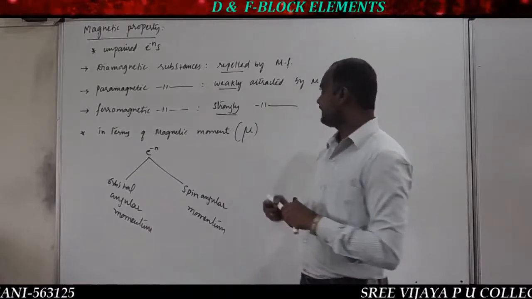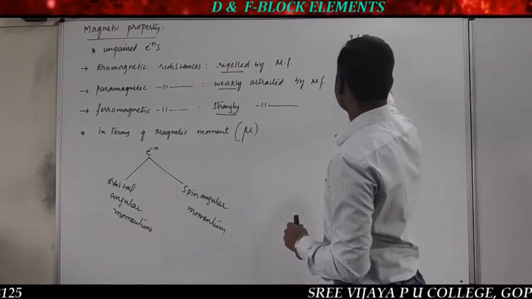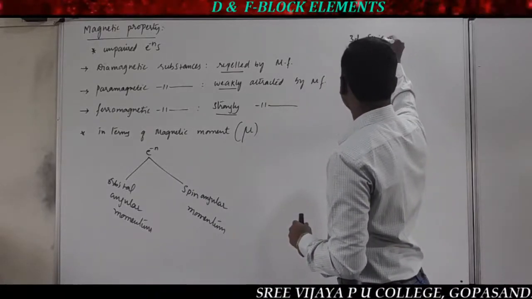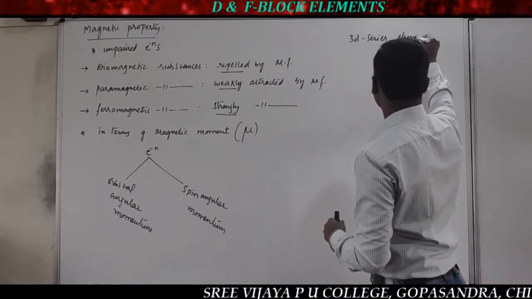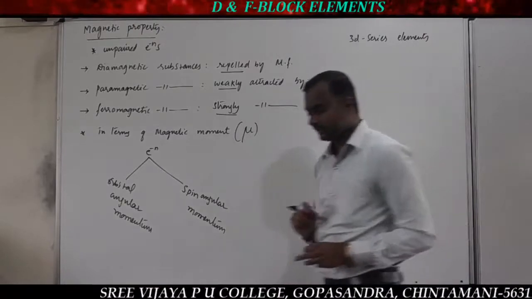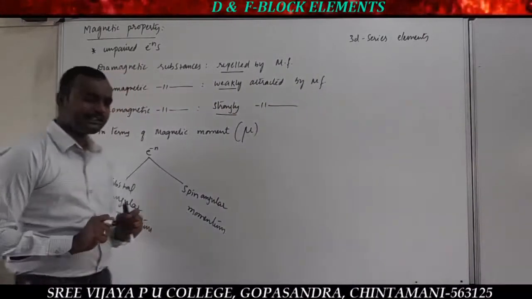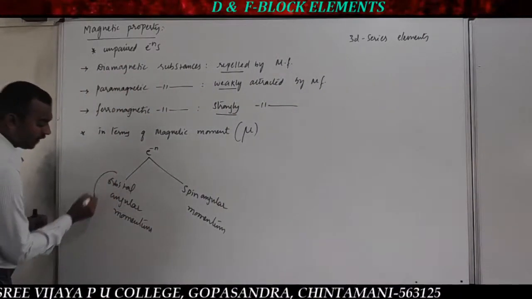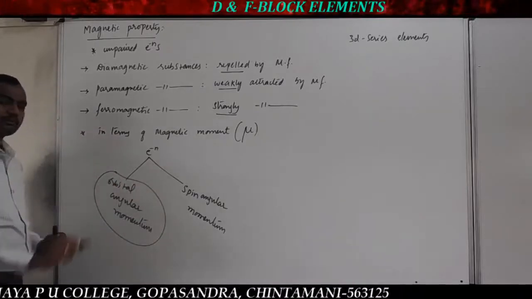But in the case of 3D series elements, when calculating the magnetic moment there is no significant contribution of the orbital angular momentum.